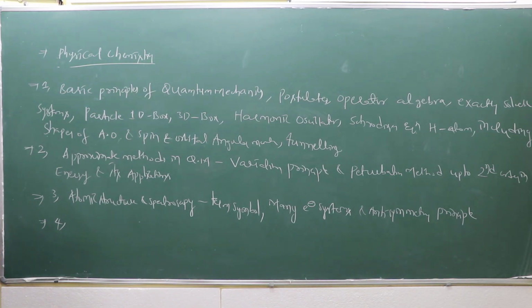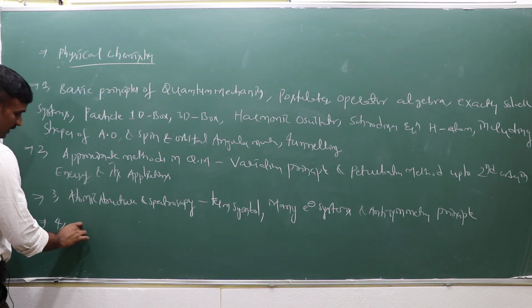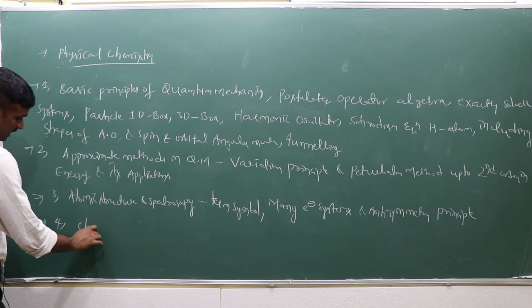And the fourth unit is chemical bonding in diatomics.